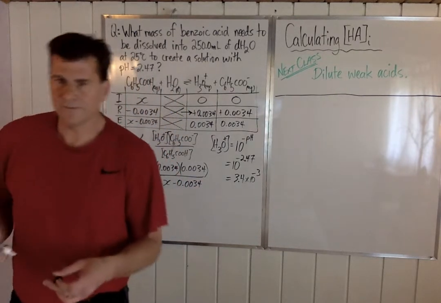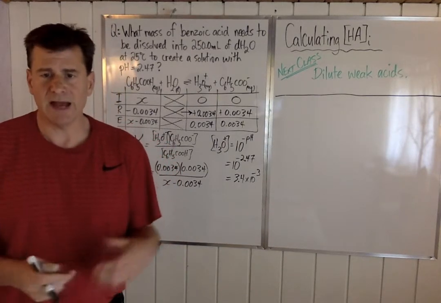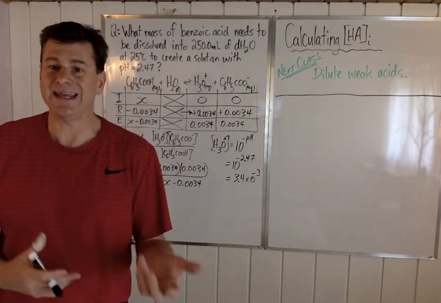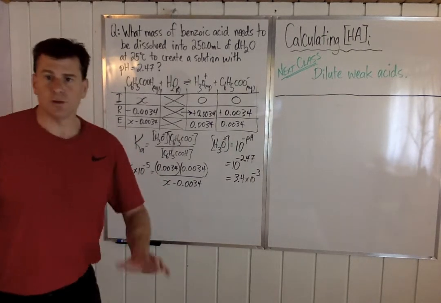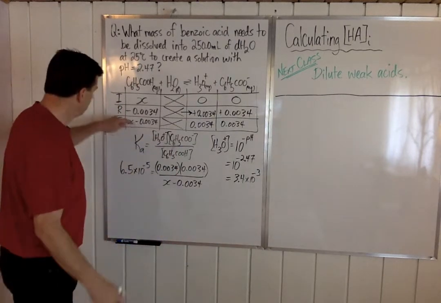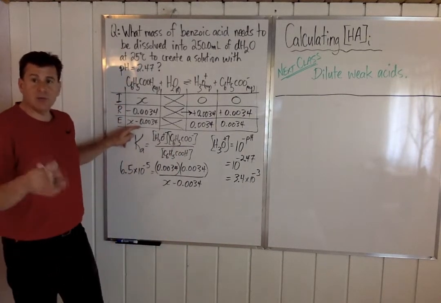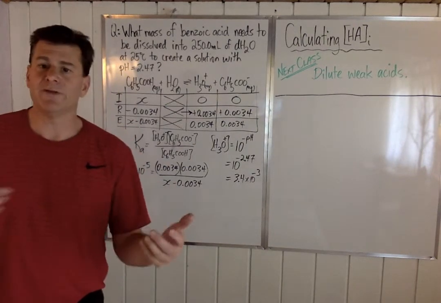Now, for those of you who could have anticipated mathematically that it might have been easier to do the math if the bottom of this fraction right here was just a plain old x, which, if you had labeled the equilibrium concentration of the acid as x, it would have made the math easier.